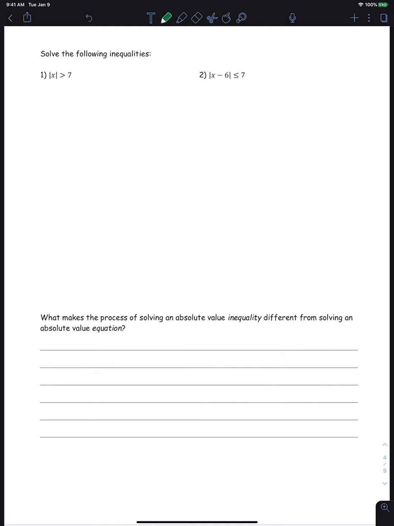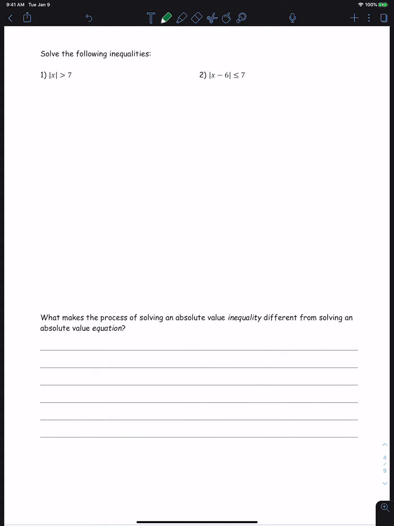Number 1, we're going to be solving an inequality here. It says the absolute value of x is greater than 7. So solving absolute value inequalities is very similar to solving absolute value equations, much like solving inequalities is very similar to solving equations. There's just a couple of tiny differences.